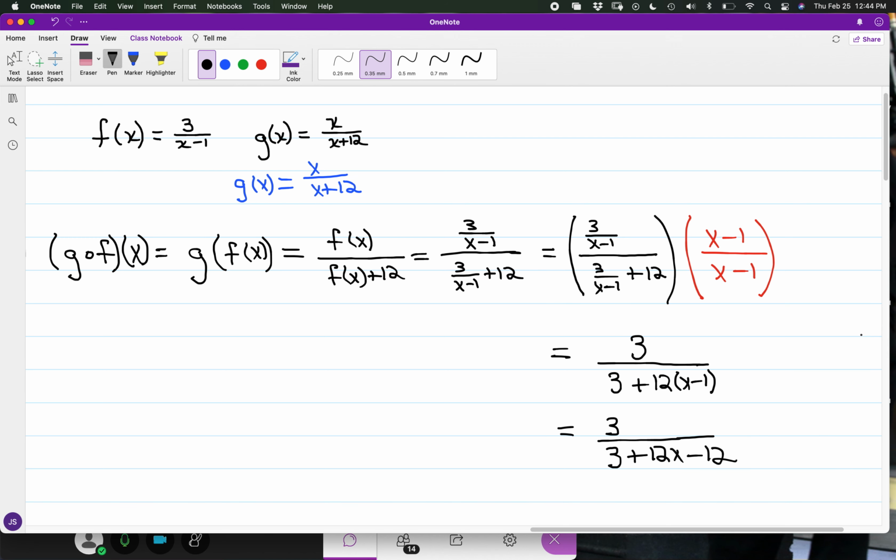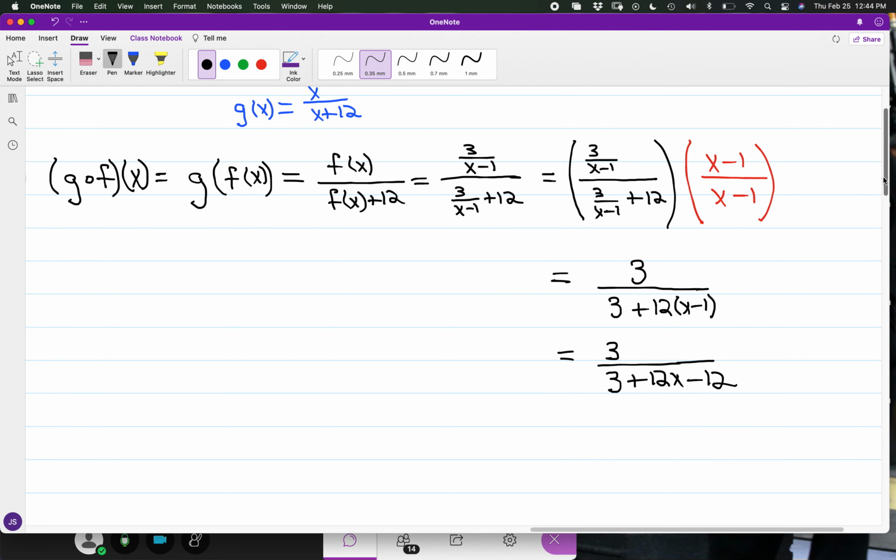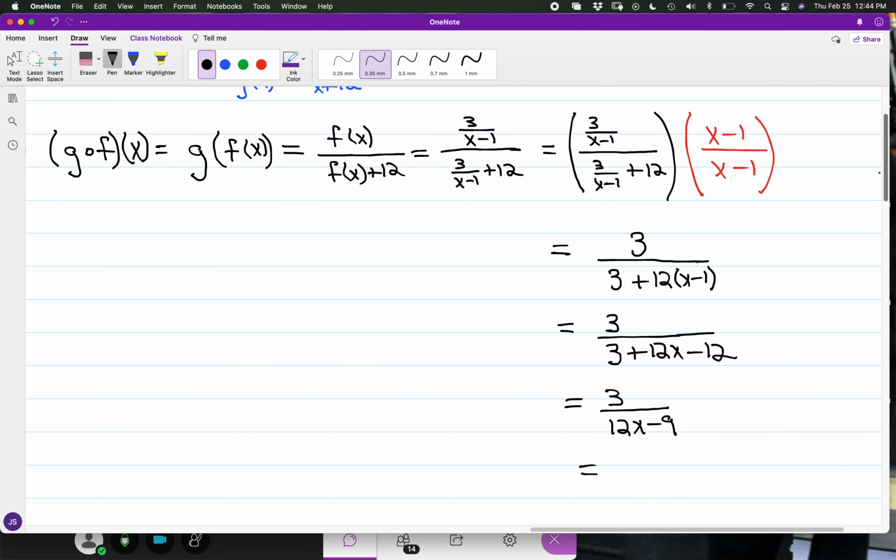Following through, we have 12x and 3 minus 12, which is negative 9. So you have 3 over 12x minus 9. And I can simplify this ratio because 3 will go into 12x and negative 9. So for the simplified result, we have 1 over 4x minus 3.